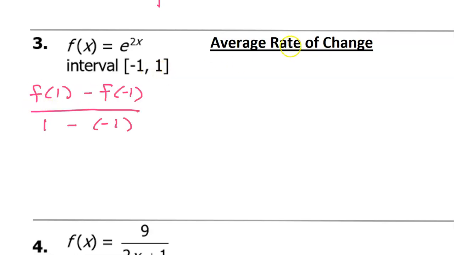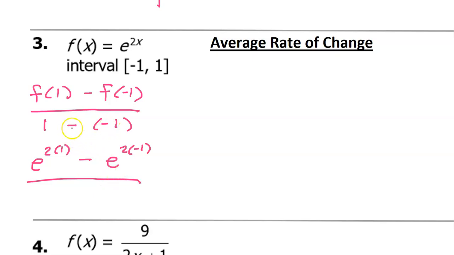So the average rate of change is really just the change in y divided by the change in x. So I am going to evaluate e to the 2x, so this will be e to the 2 times 1 minus e to the 2 times negative 1.